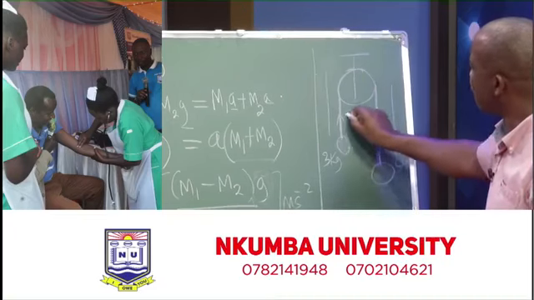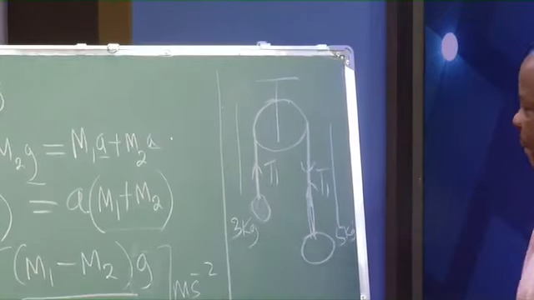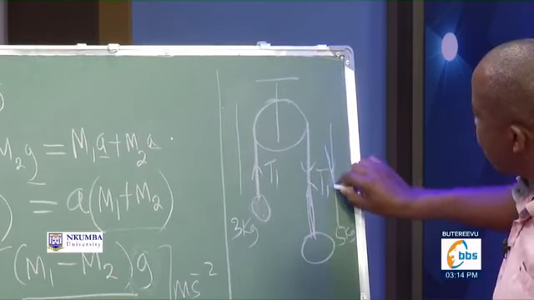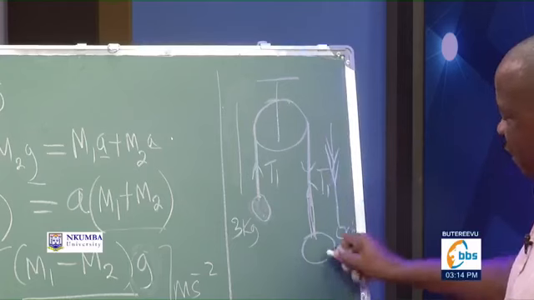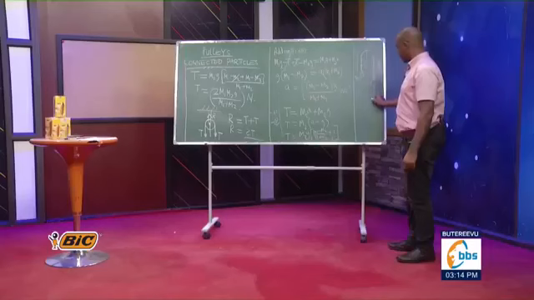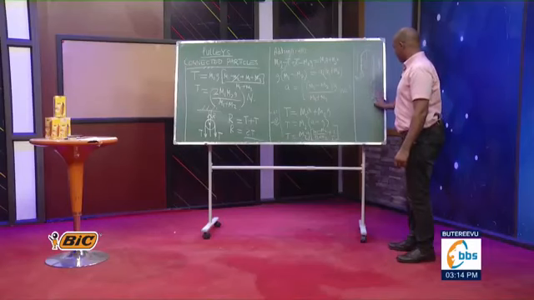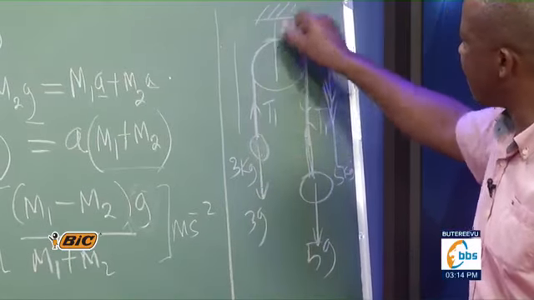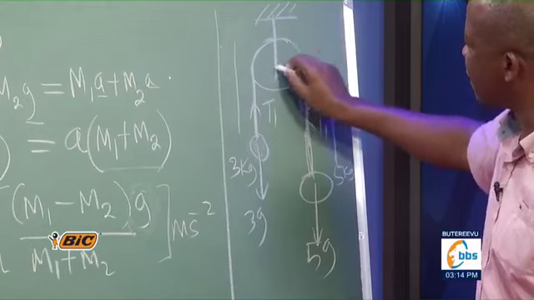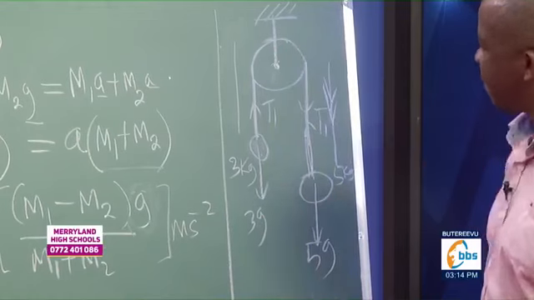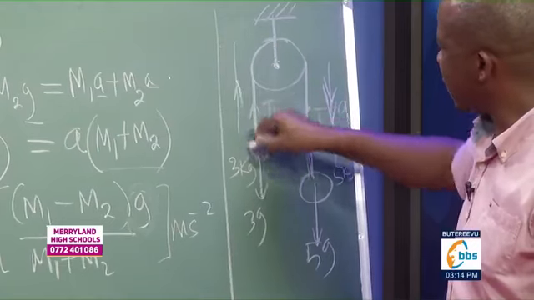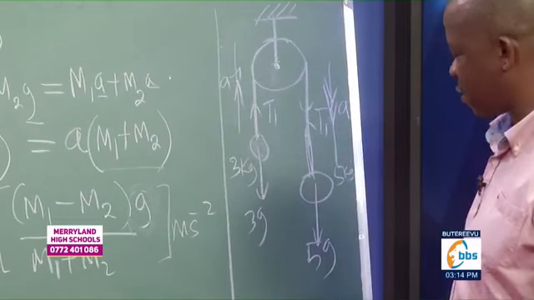The tension, we can choose to call it T1, and the acceleration will now be that it will always take direction in the direction where we have the greater force acting. The weight here is 5G. The weight there is 3G. At that stage, we have indicated all the forces acting on our diagram, and we are saying this will go down as this goes up with the same acceleration.